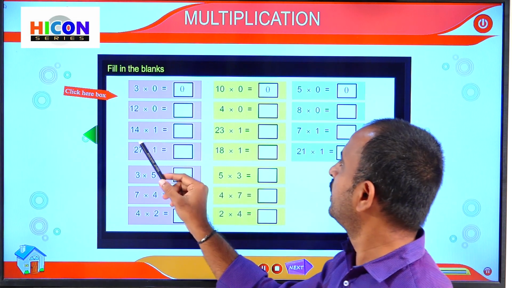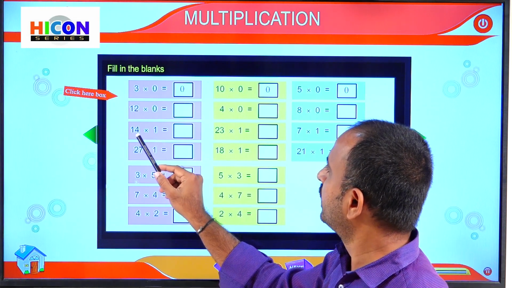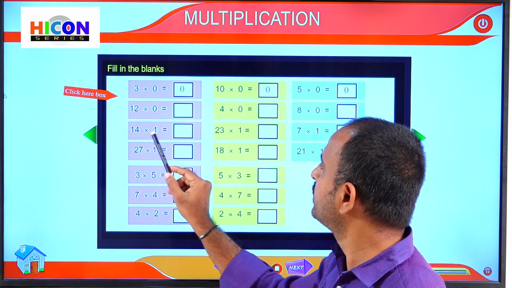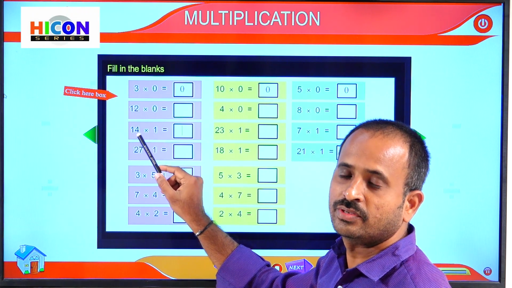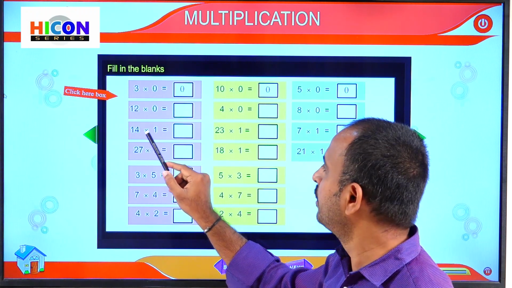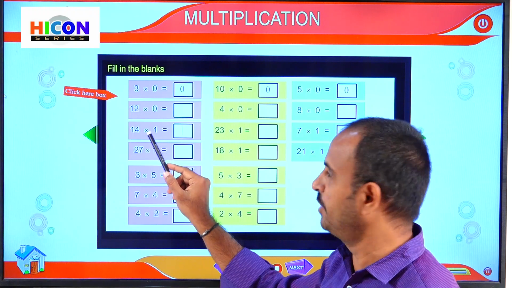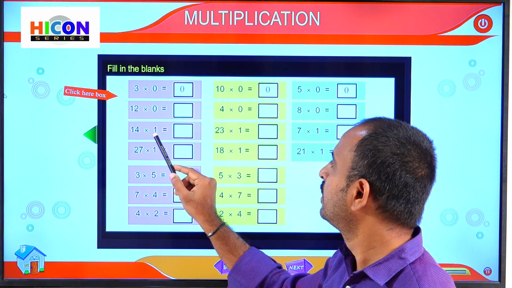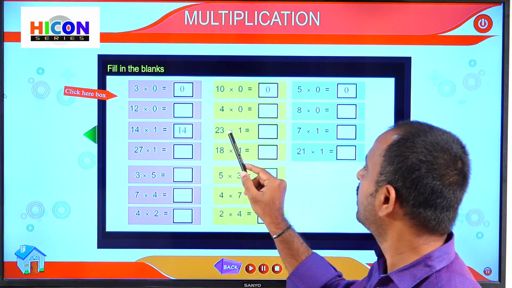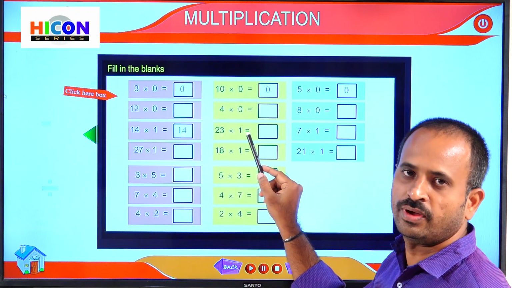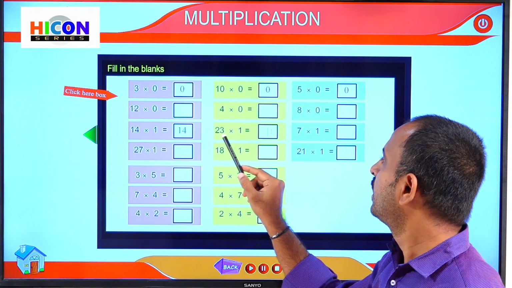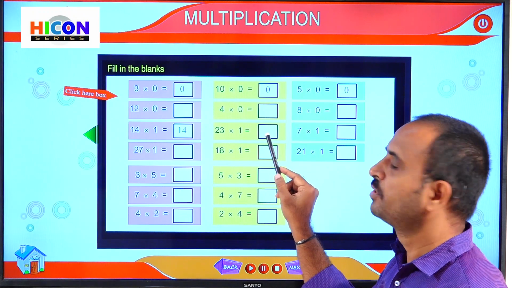So children, see the third one here, 14 into 1. Here the number 14 is multiplied by 1. So according to multiplication facts, if any number is multiplied by 1, again we get the same number. So 14 into 1, again we get the same number, 14. See here also 23 into 1, that is, if you multiply 23 with 1, again we get the same number, 23.